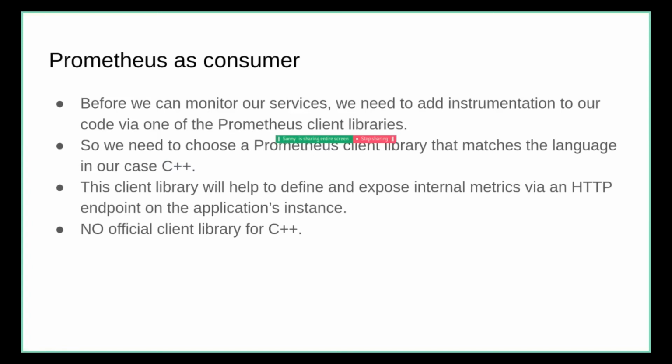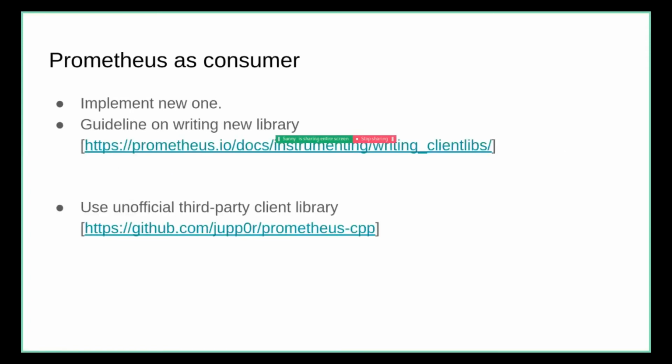This client library actually helps you first define internal metrics and expose them at particular HTTP endpoints where Prometheus can come and gather all the metrics. So what are the options we have?